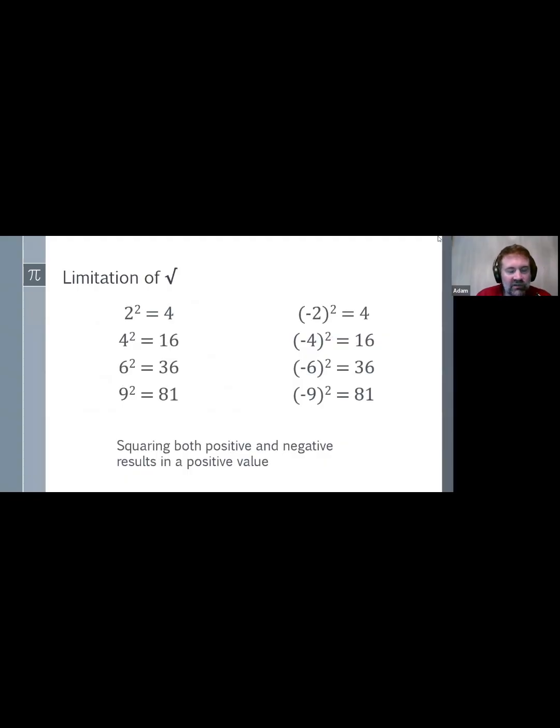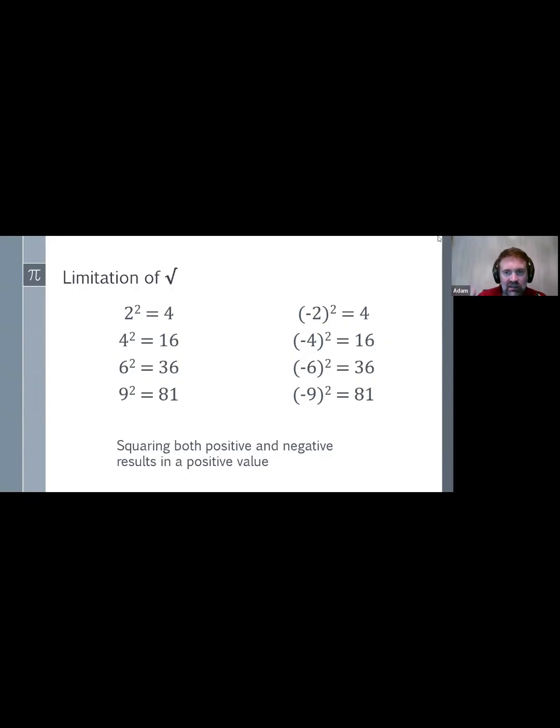A limitation of the square root here is, as you see, if we take the powers, we square these numbers, say 2 squared, 4 squared, 6 squared, 9 squared, we can get 4, 16, 36, 81. And if we take their negative counterparts and we square them, we remember that if you take two negative numbers and you multiply them together, you'll get a positive number.